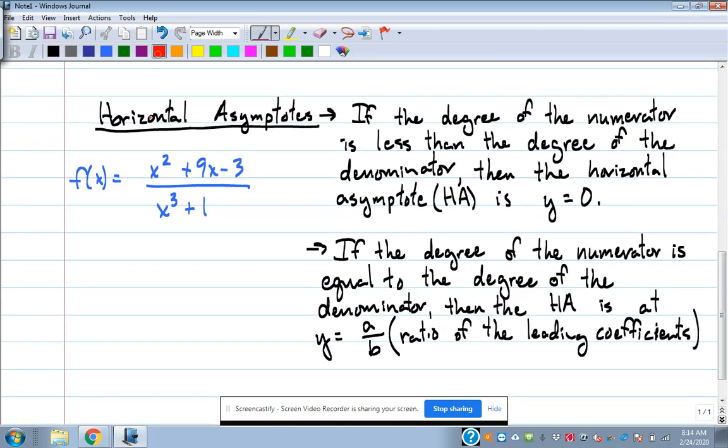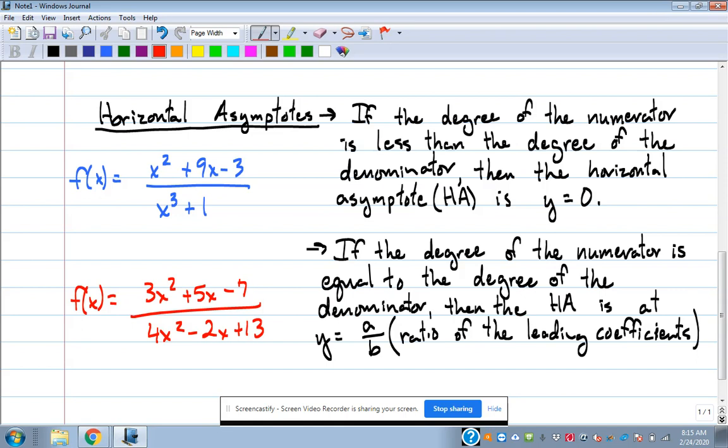An example of that, 3x squared plus 5x minus 7 over 4x squared minus 2x plus 13. Again, I picked that example advantageously so that it won't factor and it wouldn't simplify. So I don't have to worry about that stuff.